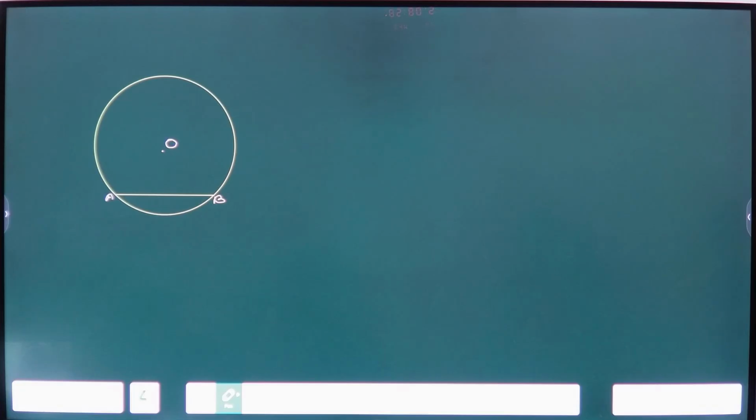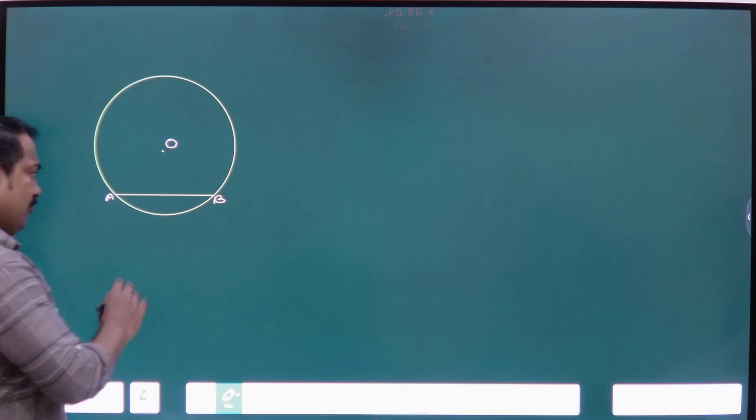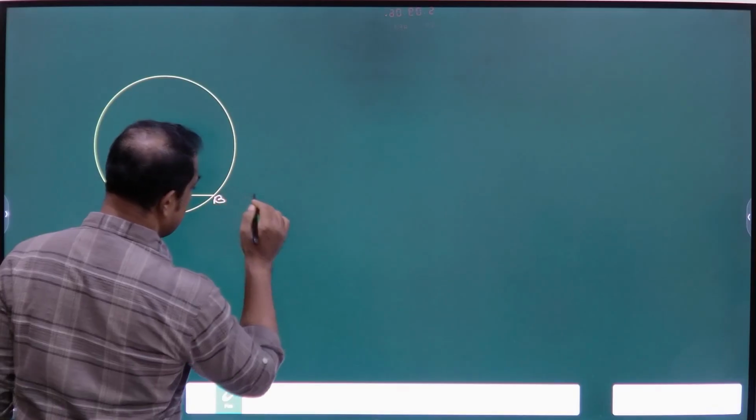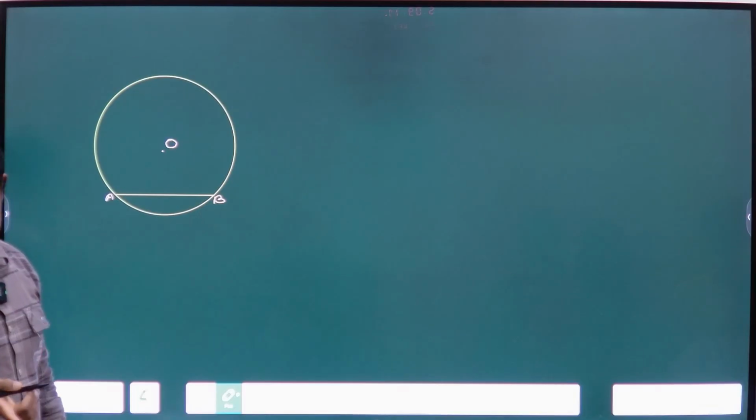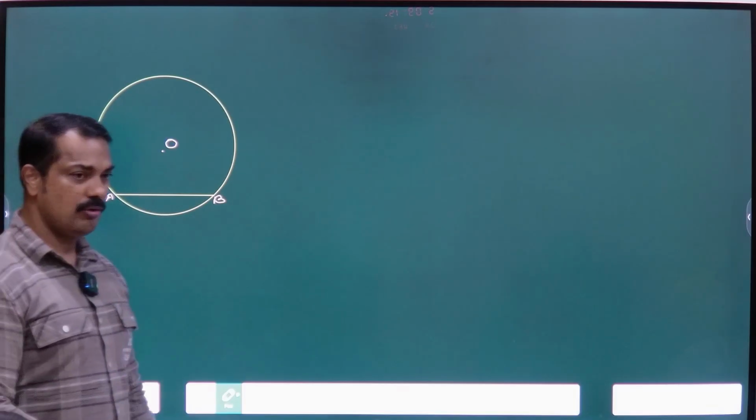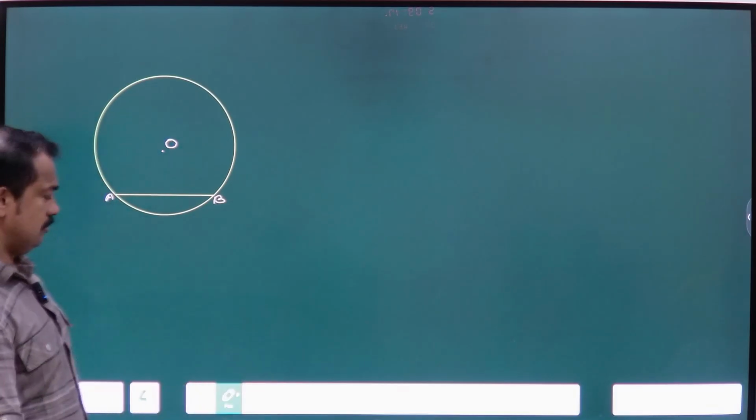Why is it a chord? Because end points of this line segment are on the circle. If one point is on the circle, other is inside the circle, not a chord. दोनों किधर आना चाहिए? On the circle. Both points are on the circle, then the line segment joining these two points is called chord.